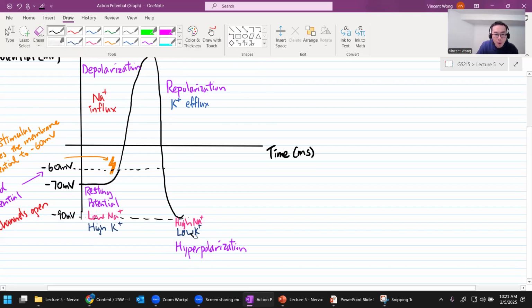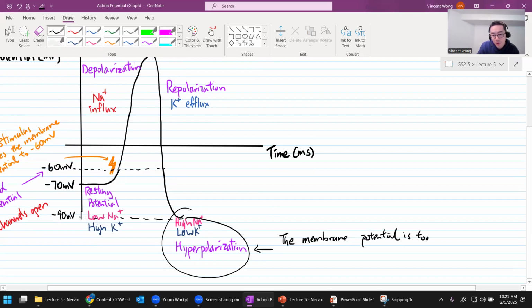So at this point, there are two problems. The membrane potential is too negative. Right? We cannot get the neuron to fire again unless it's at -60, right? So -90 is way below that.